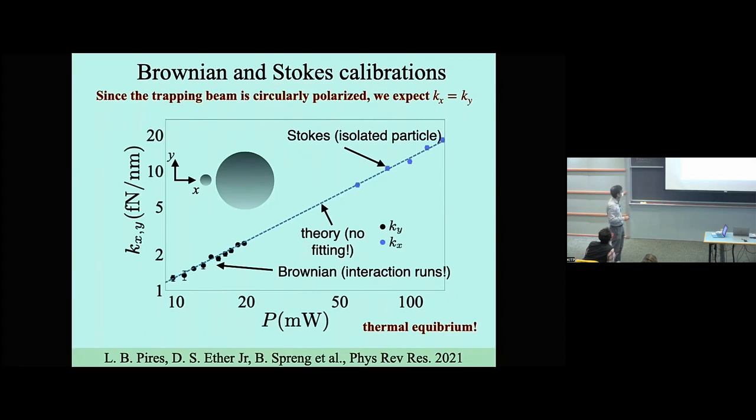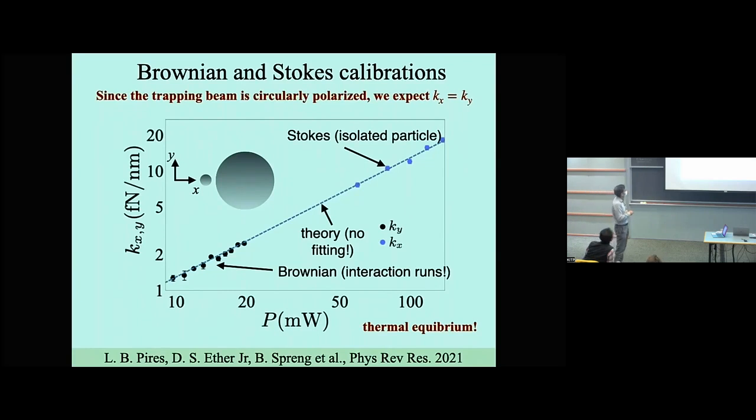This is in the interaction run, actually, when the other sphere is close. And we compare this result with the result using another method, when the sphere is really isolated, and I just apply Stokes drag force by moving my microscope stage. This is called Stokes calibration.